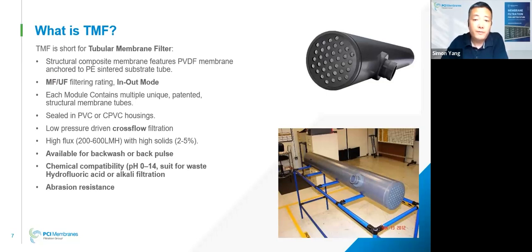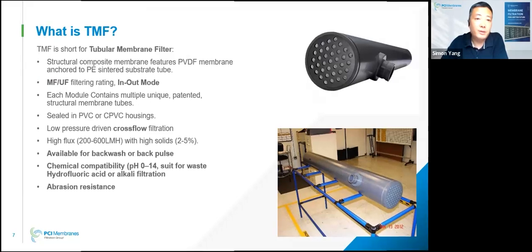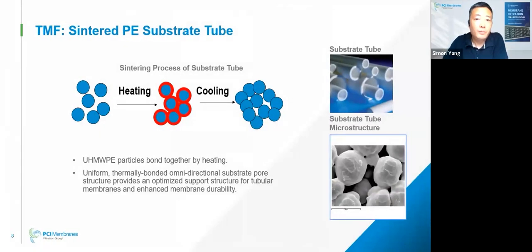So in the next several slides, we'll talk about how TMF is made. The first step is to make a sintered substrate tube, just as shown in the sketch. Ultra high molecular weight polyethylene particles are bonded together by heating.